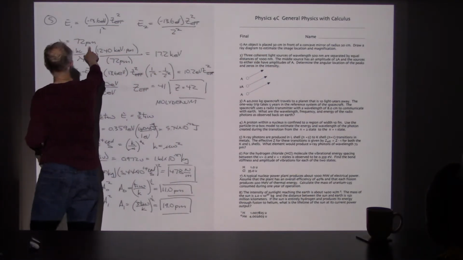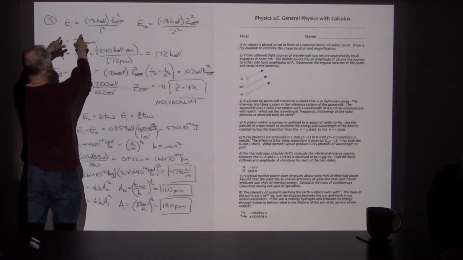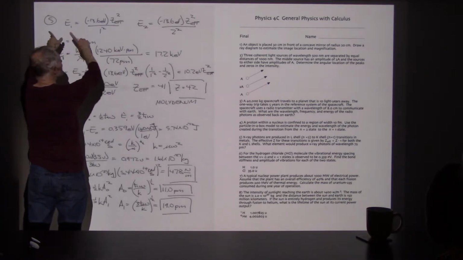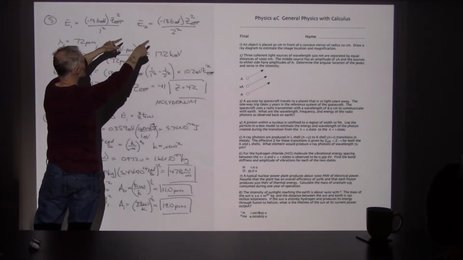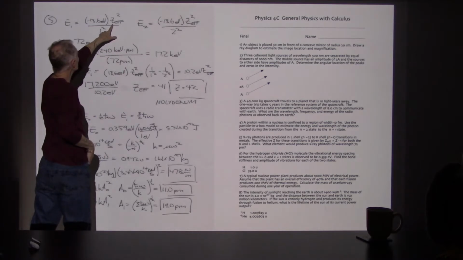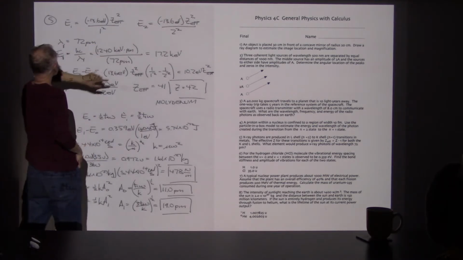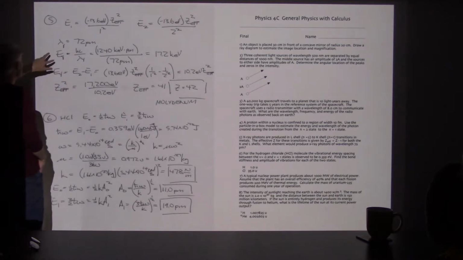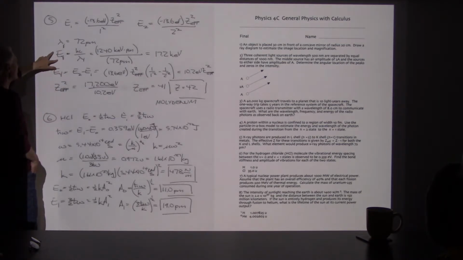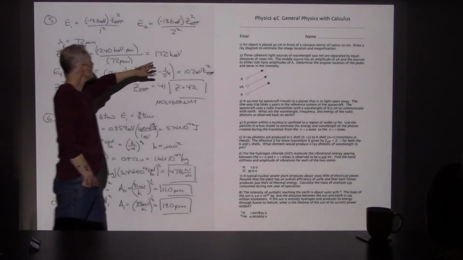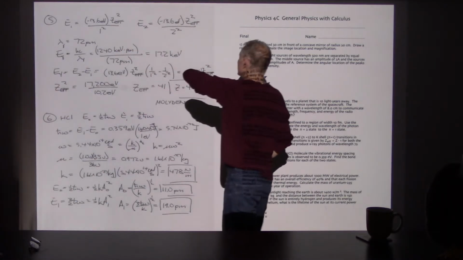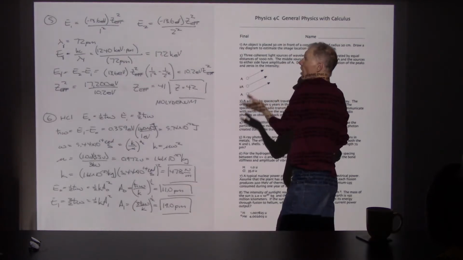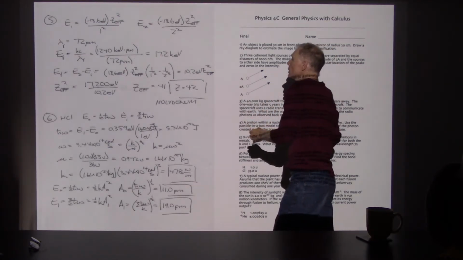So here is the 72 picometers. Here is the energy formula for state 1. Here is the energy formula for state 2. And then the key feature here is to keep track of the Z effectives. And so the energy of the photons being produced, hc over lambda, is 17,200 eV. That's a lot of eV.